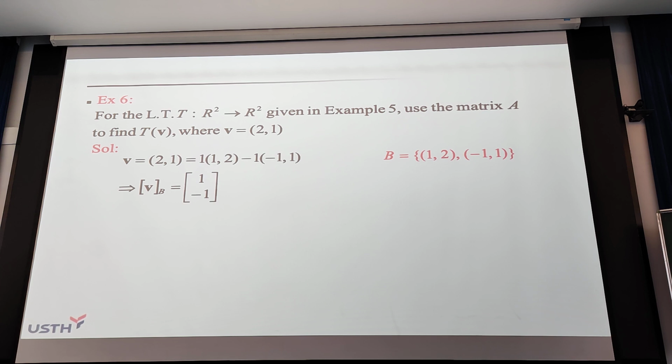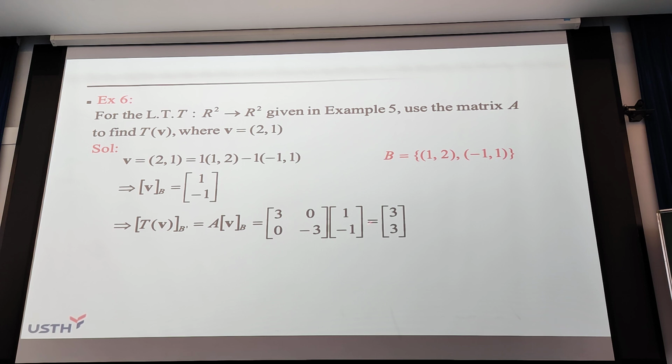So that step is just a little complicated for you. You know already how to change the coordinate from one basis to another basis. And then you apply it here to get the coordinate of V relative to a new basis B to be Z1. And if you know that, then you can use the matrix A from the previous slide to find T of V. Then T of V with the coordinate relative to B prime will be A multiplied by V relative to B, and it is that one.